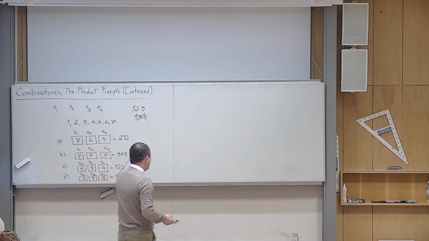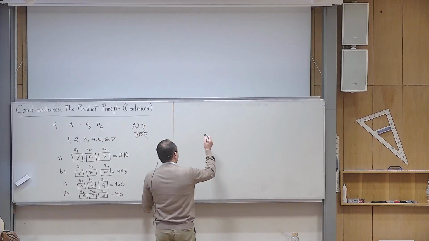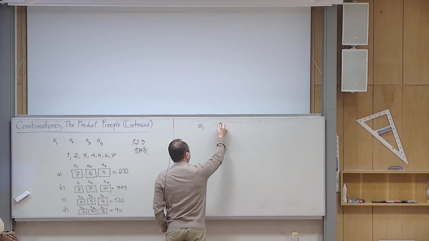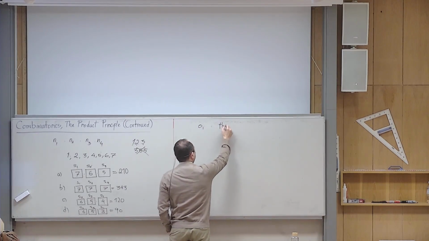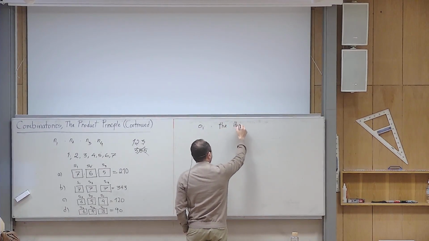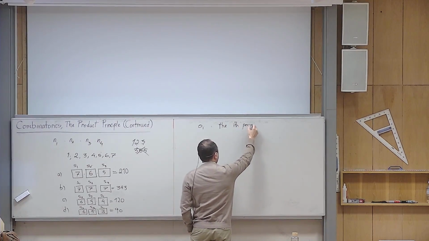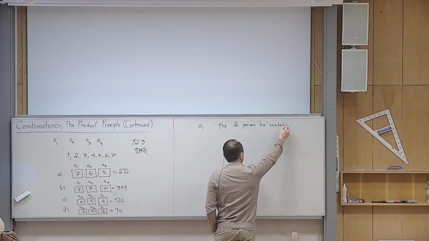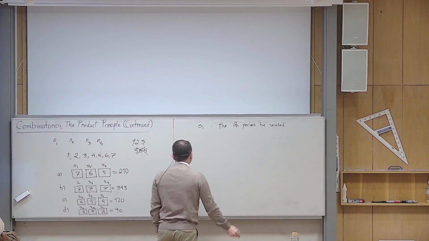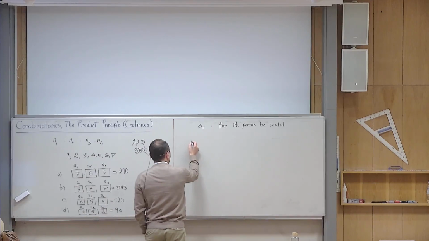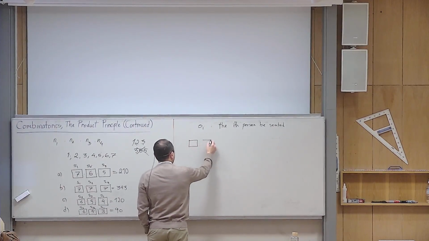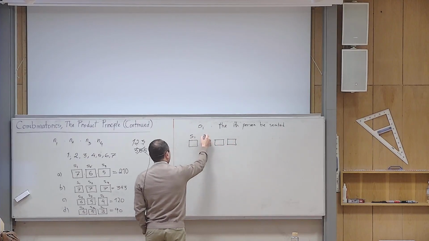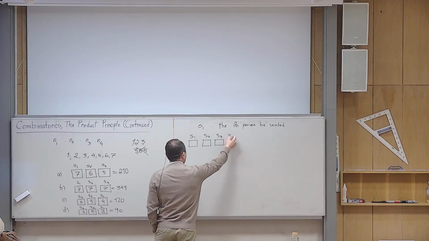Again, in your principle, in your brain, you can say stage i means the ith person is seated, yes? Let me write. So for example, we have stage 1, stage 2, stage 3, stage 4.